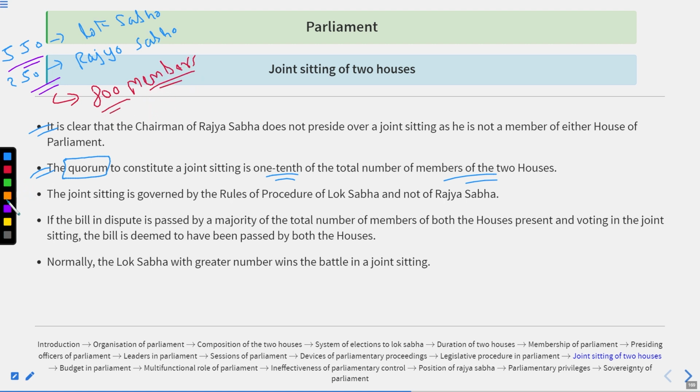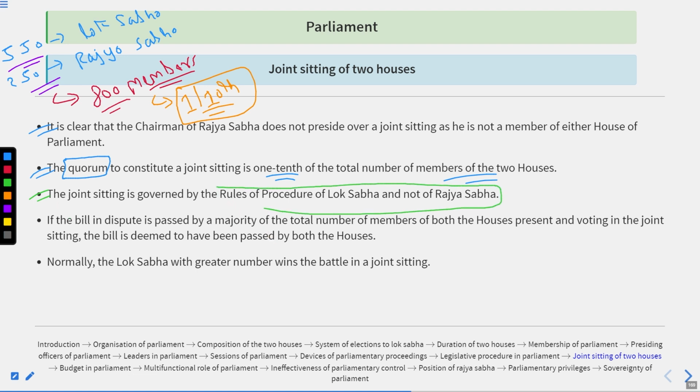All right. So now the 1/10 would be calculated from these 800 members. This would not be calculated from the individual houses. All right, remember this. The joint sitting is governed by the rules of procedure of Lok Sabha and not of the Rajya Sabha.